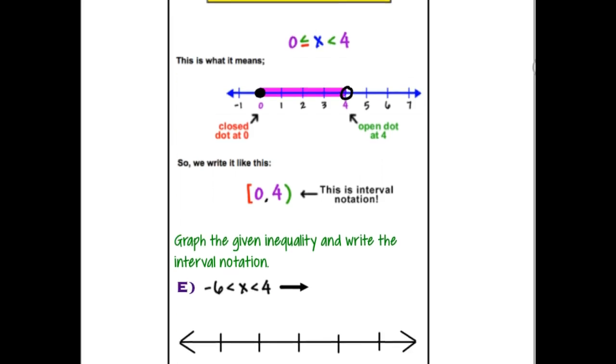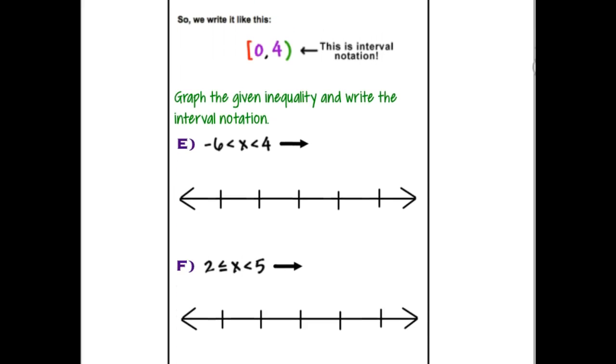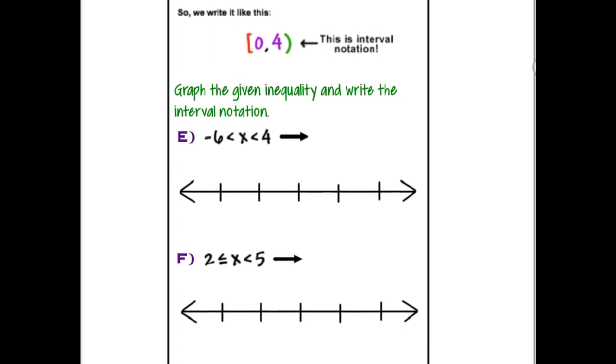So let's try some. Here we have negative 6 is less than x, which is less than 4. So when we talk intervals, I'm going to have negative 6, negative 4, negative 2, 0, 2, 4. And I see that I have both less than, so that means I have open dots at negative 6 and positive 4.